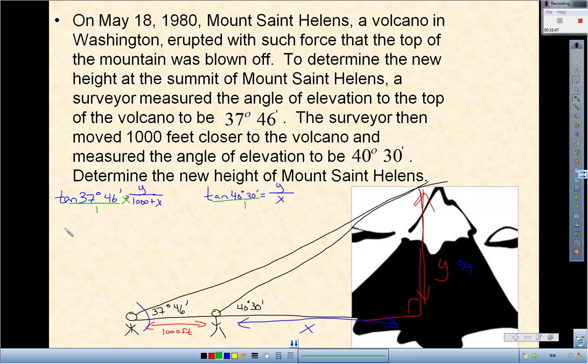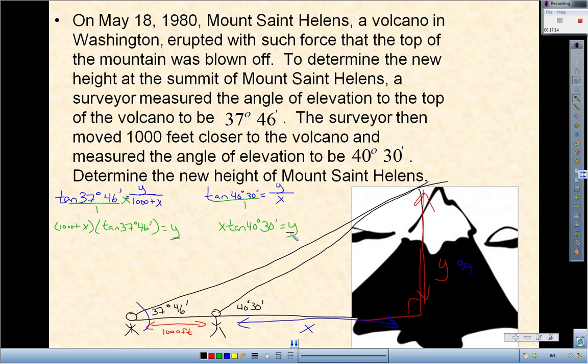The one on the left, I'm going to put this in parentheses, 1,000 plus x times tangent of 37 degrees, 46 minutes is equal to y. And for this one, I'm going to have x tangent of 40 degrees, 30 minutes is equal to y.